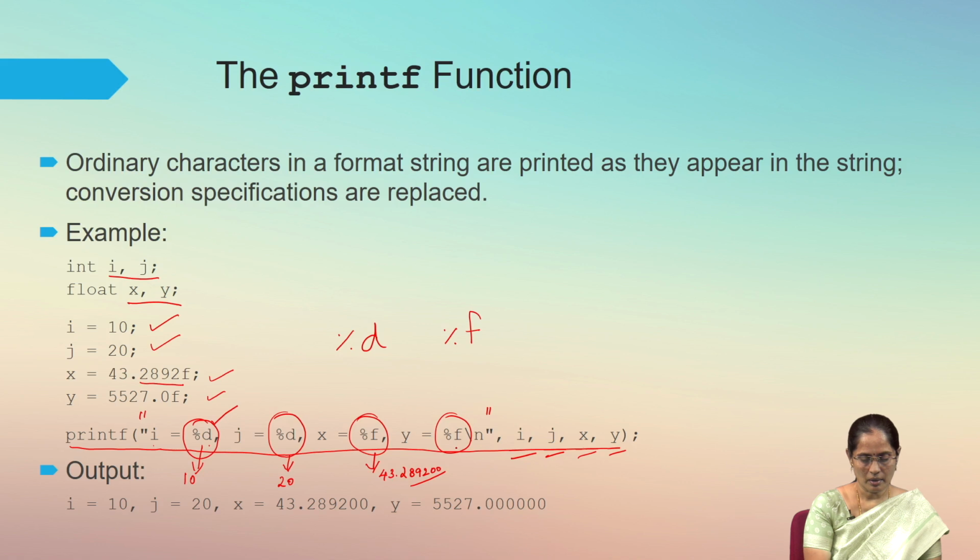Also, I am using the conversion specifier %f again for displaying the value of y. So y's value is 5527.0, which is displayed this way. There is a change in the format when it is displayed through the printf statement.